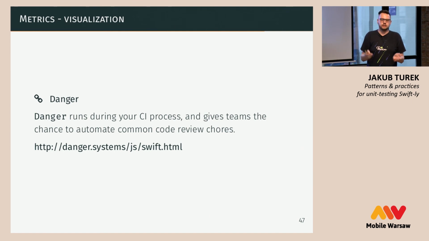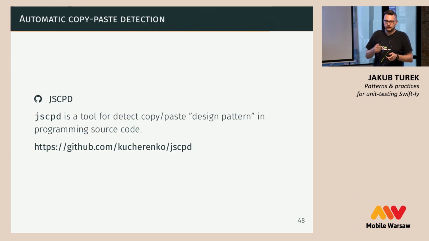So you get a comment, and in this comment you can define your own arbitrary rules that are broken in a certain pull request, like you have an edited README file or whatever. And this can do a lot more. We are using that to visualize those metrics that I have mentioned.